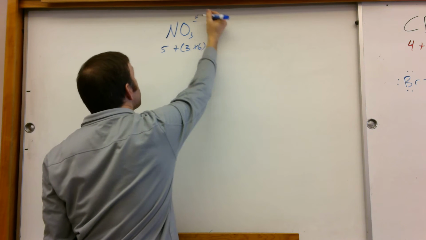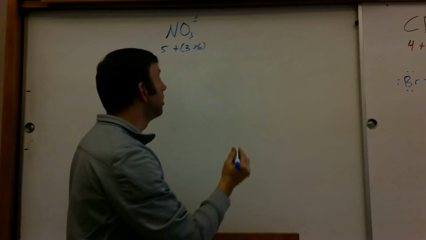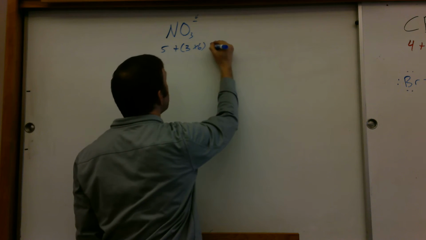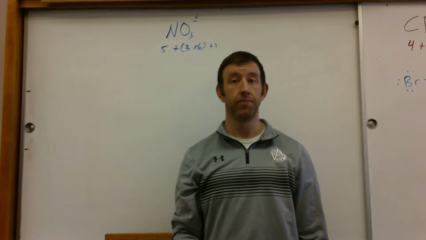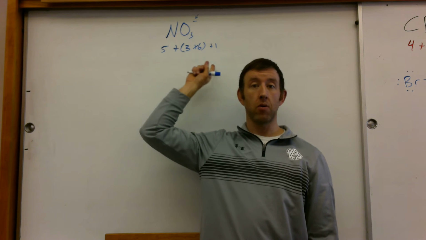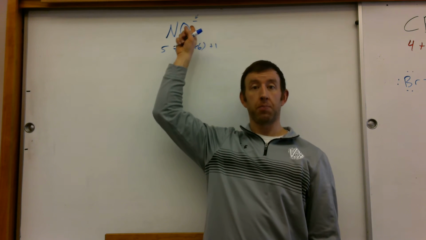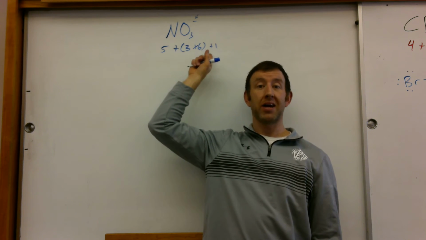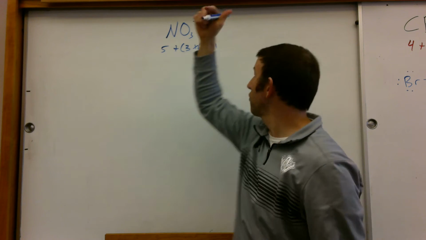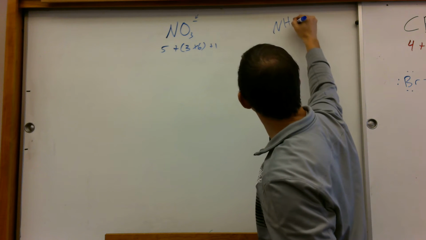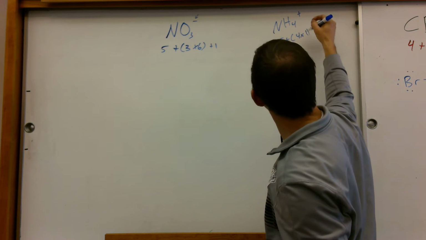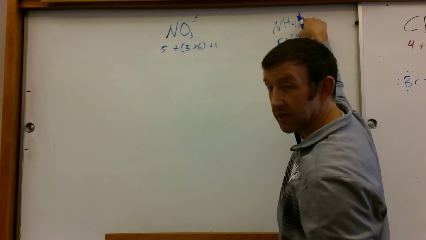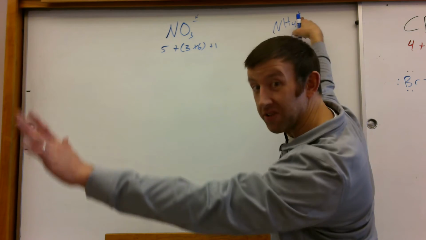Now, I need to account for that little minus charge right there. It's a -1, which tells me I have 1 extra electron as part of that molecule. Okay? If it was a -2, I would put +2. If this was a plus, like for ammonia, I would actually subtract 1. So for example, NH4 plus would be 5 plus 4 times 1 minus 1, because that positive means I got rid of an electron.